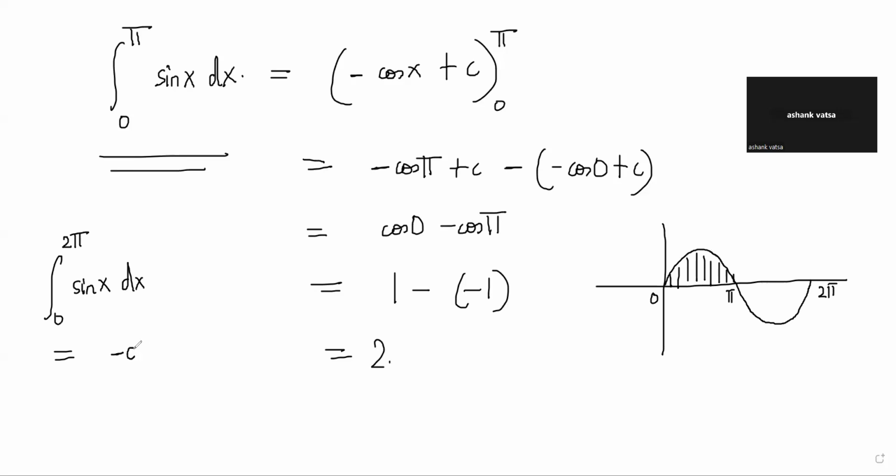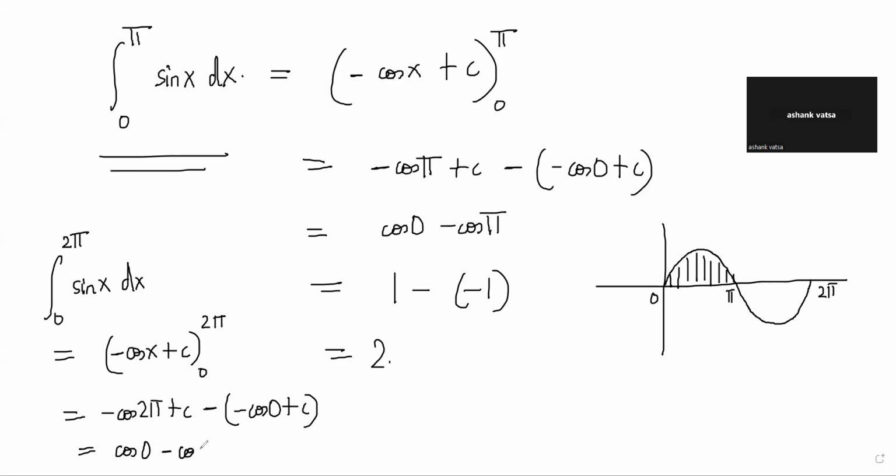Minus cos x plus c. If you evaluate from 0 to 2 pi, you'll get minus cos 2 pi plus c minus minus cos 0 plus c, right? So it will be cos 0 minus cos 2 pi, which is basically 1 minus 1.